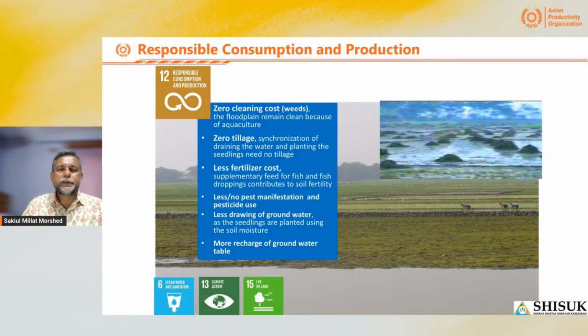For example, there is zero cleaning cost, as the floodplain remains clean, you don't need to clean it, so they save the cleaning cost. It doesn't need delays, because in the video we see that while you are harvesting, at the same time people are planting their seedlings there. And as the floodplain remains clean, there is less pest infestation, and you need no or less pesticide for these things.